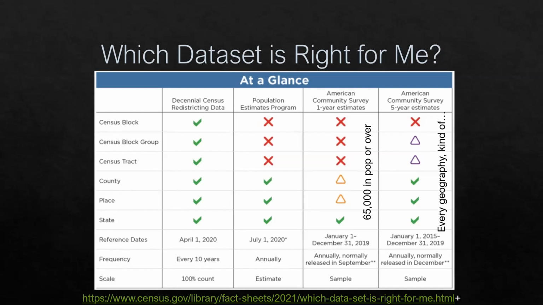And you can have other communities where you're actually having a range of negatives, which means that the data is no good. So for small geographies, you're going to get some really weird results when you start to consider the margin of error, because the likelihood of the census talking to somebody in a small town is not very good. So all of that is generally estimated, and sometimes it's just not reliable. So you have to be careful.